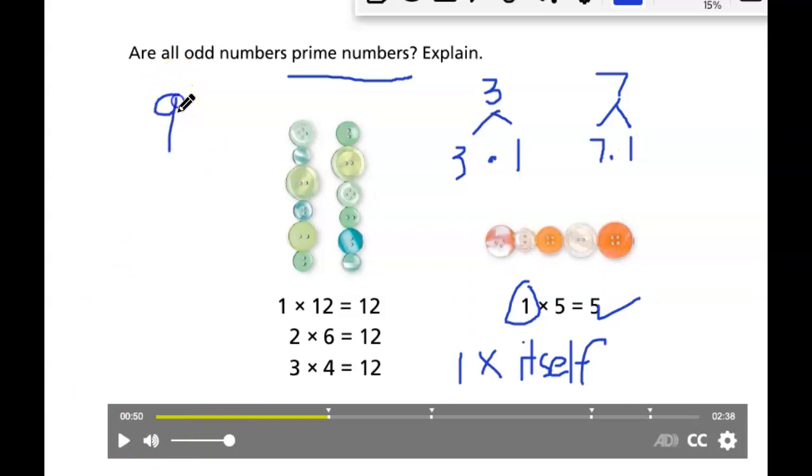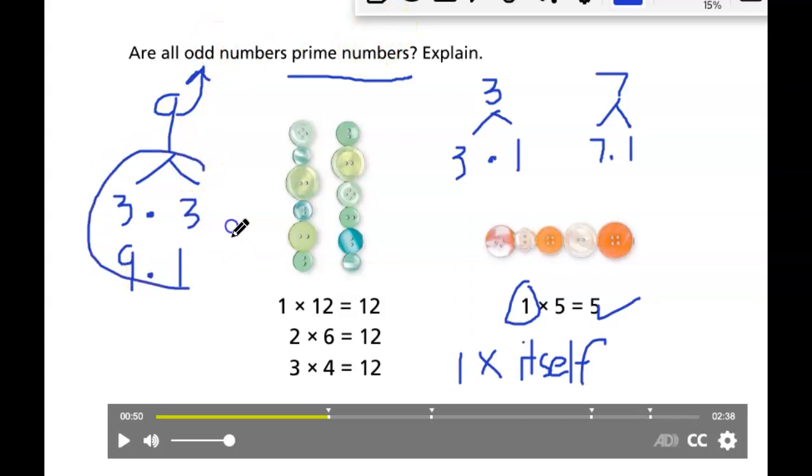The number is an odd number, but it is not prime because we explained that 9 could be 3 times 3. But 9 could also be 9 times 1. So it means the factors of 9 are more than 1 and itself. So 9 is not a prime number even though it's odd.